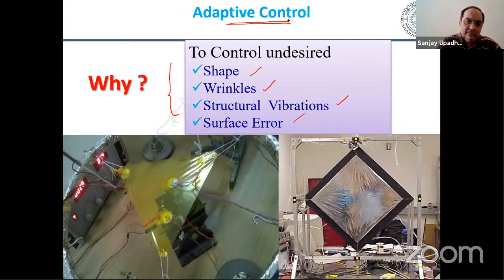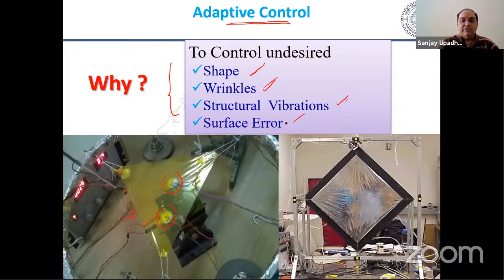You see, this is our lab photograph, where we received this Kapton material from the Vikram Sarabhai Space Center, through Mathur sir also, and we are putting piezo patches on it. I will explain what piezo is. With the help of this, we can easily control the shape, wrinkles, vibration, and surface error.